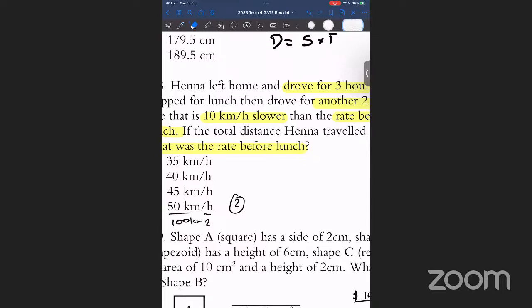Basically what we did there was we took the speed, which is 50, and multiplied by the time, which is 2, and we got the total distance he traveled, which is 100 kilometers. So distance is equal to speed multiplied by time.